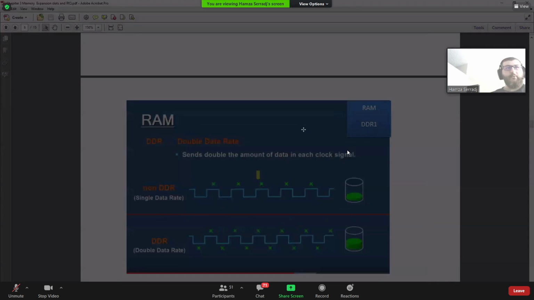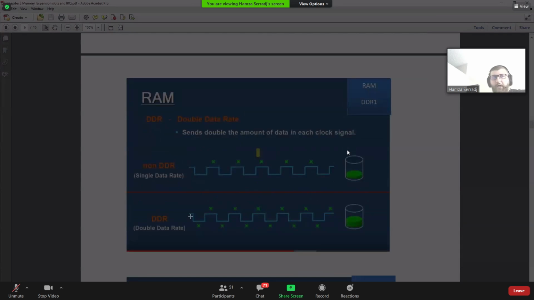Now this is what I was talking about, the data rate. I have some frequency here and a single data rate: in each cycle, data. With DDR, in one cycle I have 2 data.